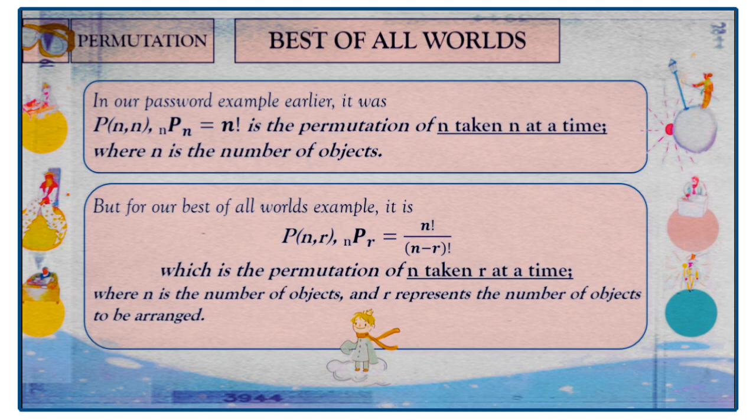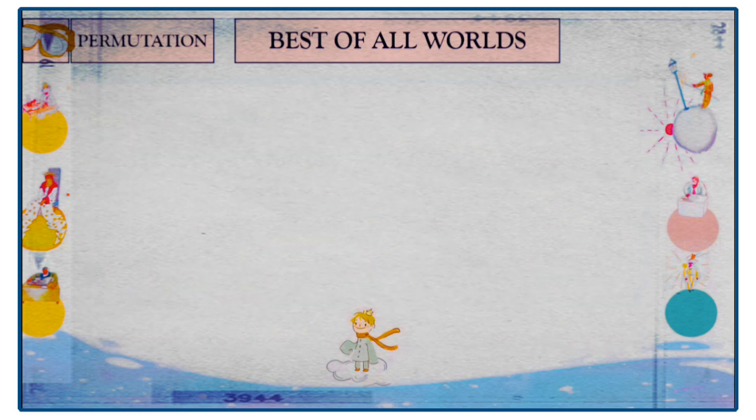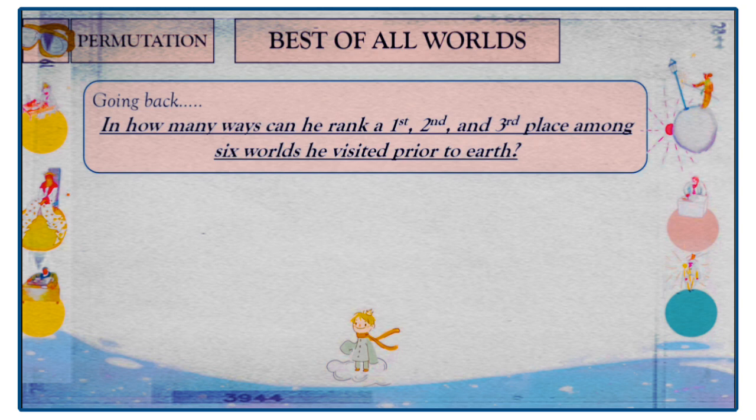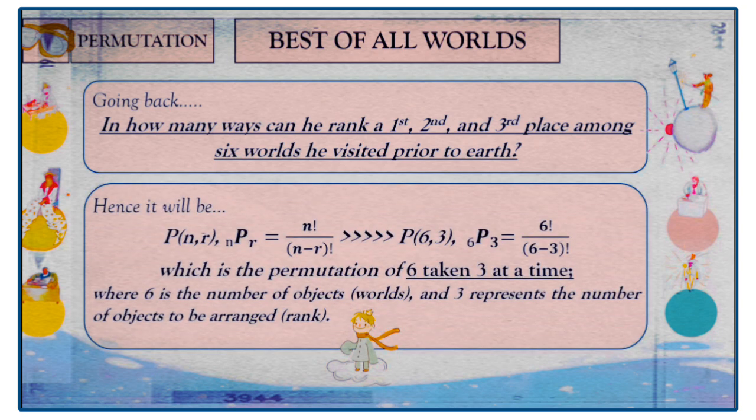So here, the number of objects in the worlds is 6, right? As for the number of objects to be arranged, we have 3 because there are 3 places: third, second, first, or first, second, third. So if we apply it to our word problem earlier, in how many ways can he rank a first, second, and third place among 6 worlds he visited prior to Earth?